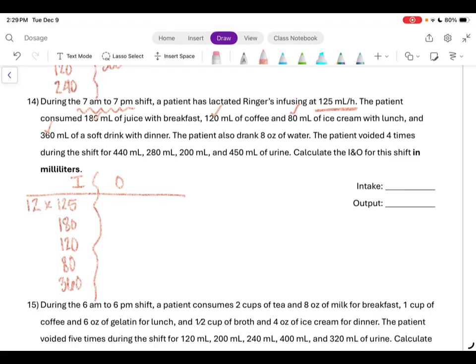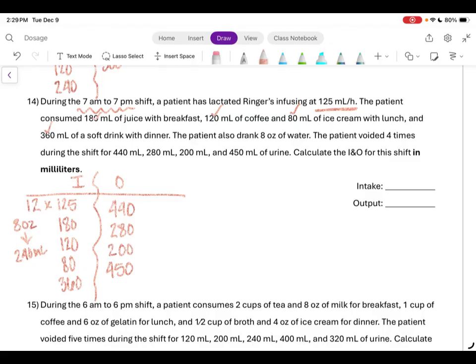So I'm just gonna squeeze that in here. And from our conversion sheet, I'm just gonna write that 8 ounces is equal to 240 mils. Okay. Let's see, patient voids 4 times, so we have 440, 280, 200, and 450. Okay.